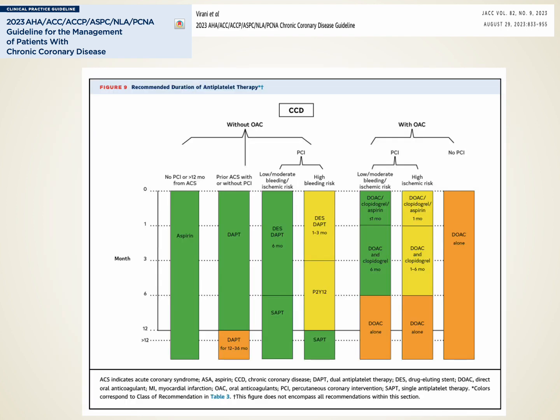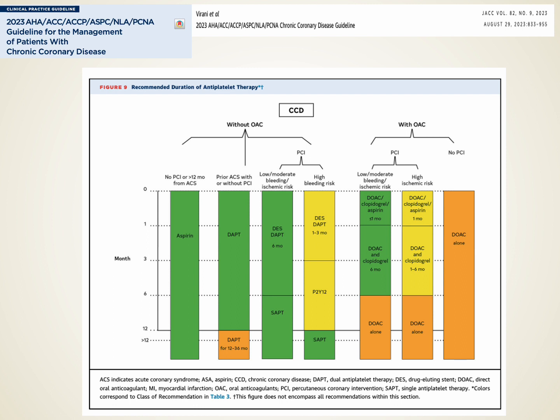This graphic will outline who is a candidate for antiplatelet or dual antiplatelet therapy with or without oral anticoagulation on board, depending on what their risk factors are. Have they had PCI or not? Do they have acute coronary syndromes? What's that history for them?